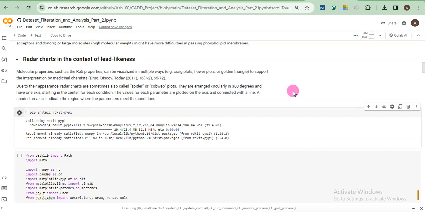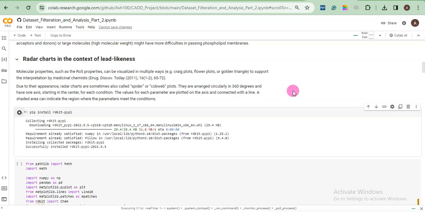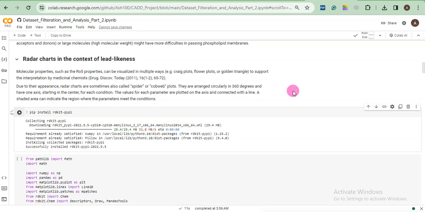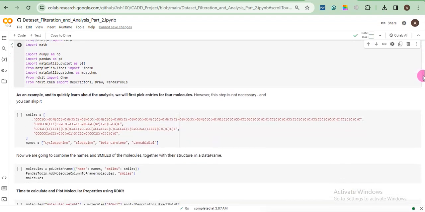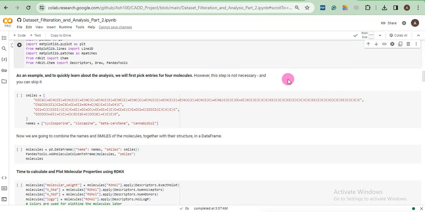We will not install the ChEMBL client we installed in the previous section because we will not use ChEMBL. Okay, now we will do some import operations. We will not use our data directly first.